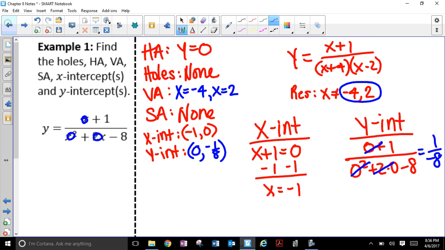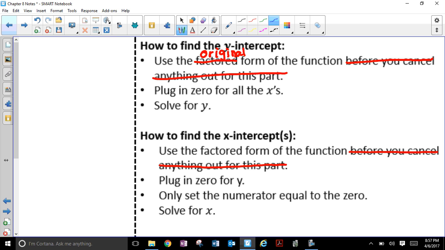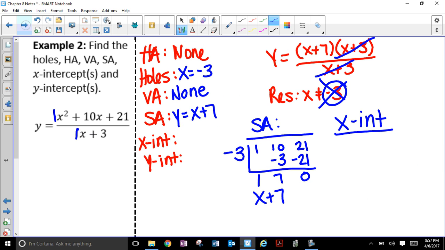So remember, x-intercept means that we use the factored form, plug in 0 for y, and only set the numerator equal to 0, then solve for x. Okay, so I take the numerator and I'm going to take the factored form, and you only take what's left over because this won't work.